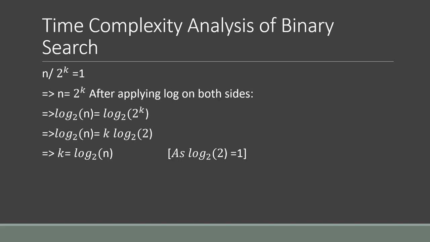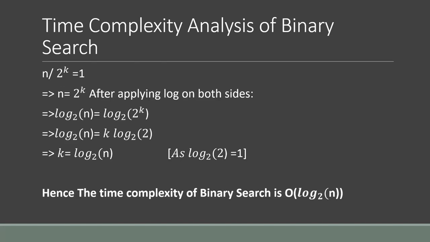So k equals log base 2 of n. If k becomes our time complexity, then the time complexity finally becomes order of log base 2 of n, which is always represented as order of log n. So that is our average time complexity in case of binary search.